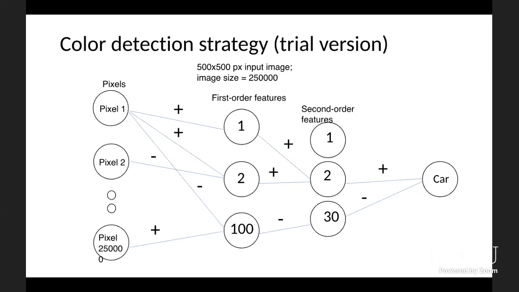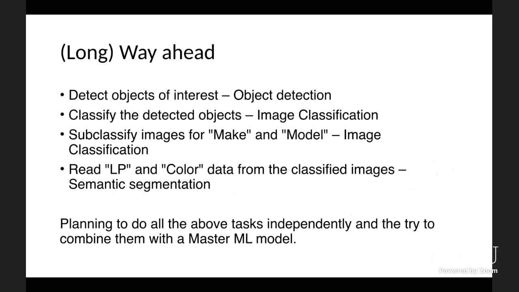But pixels which have negative weights are not going to be useful. So I'll only glean out those pixels which have a positive relationship, and use this to understand the color of the car. Again, it's experimental. I'm not sure if it works. It's a little tough to build this data structure, but I'm figuring out how to do it. So yeah, it's a long way ahead.